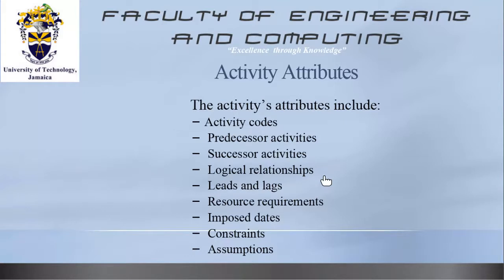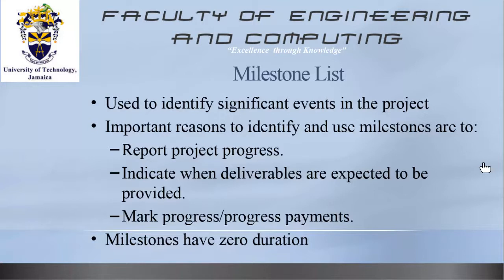Then there are logical relationships, there are leads, there are lags, there are resource requirements, there are dates that may be imposed, which in itself is a constraint, and then there are assumptions. So for every activity, these are the attributes, if you may, that are associated with each activity.